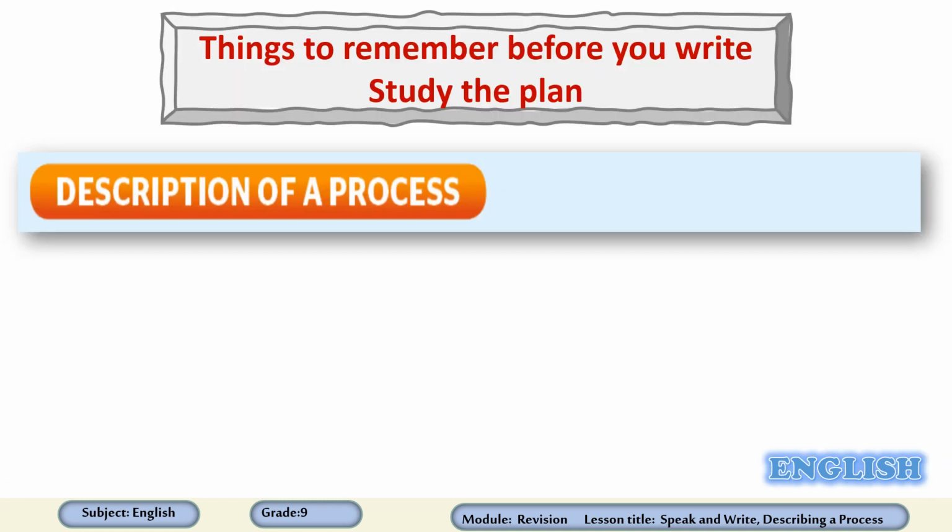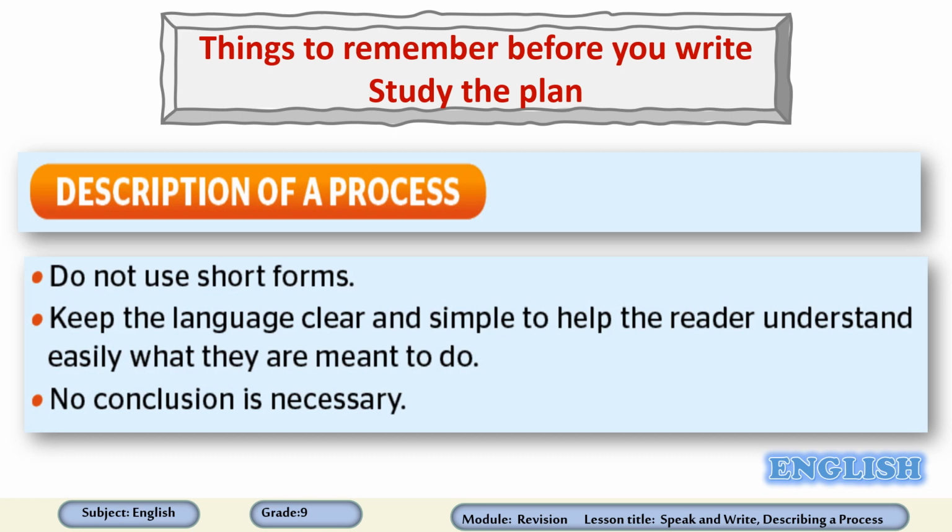Furthermore, do not use short forms such as don't, won't, isn't. Use do not, is not, will not. Keep the language clear and simple to help the reader understand easily what they are meant to do. No conclusion is necessary.